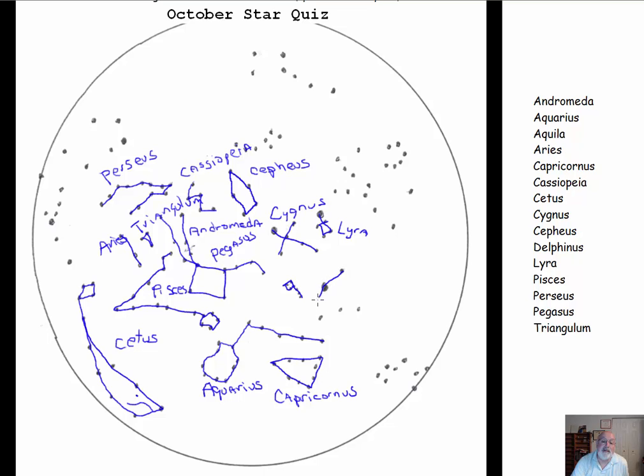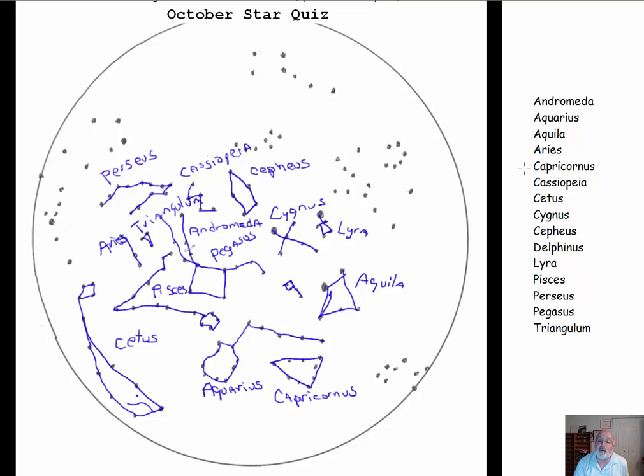And this one, not good. This one is an eagle, and this eagle is heading toward the swan, and this is Aquila the Eagle.